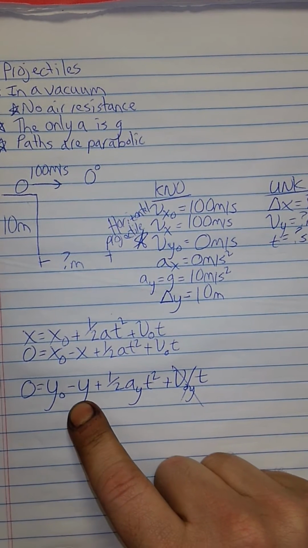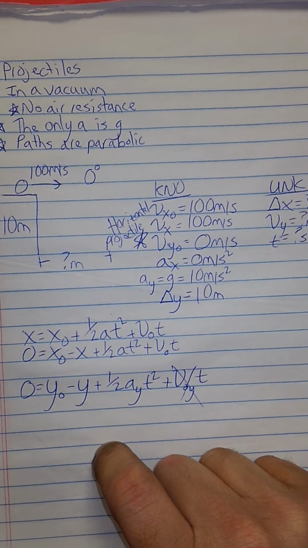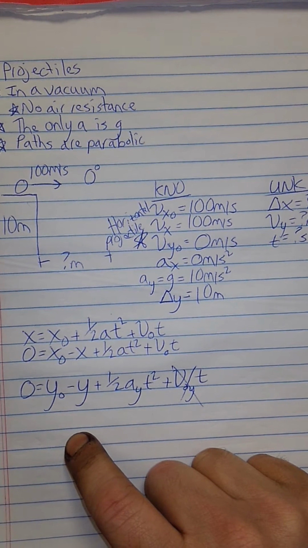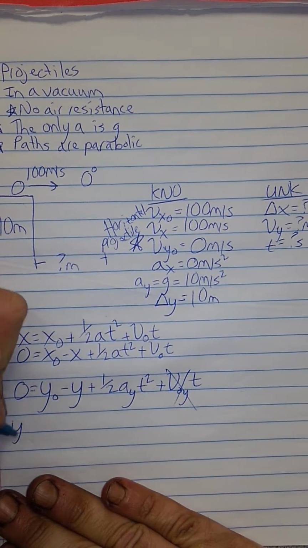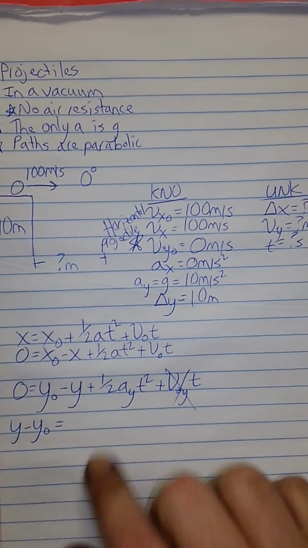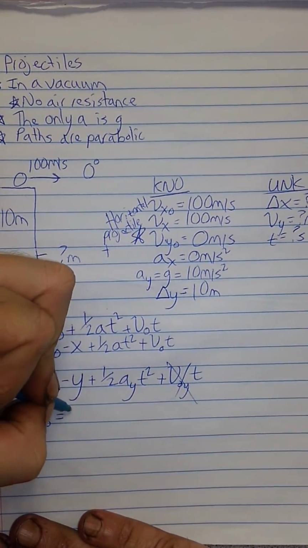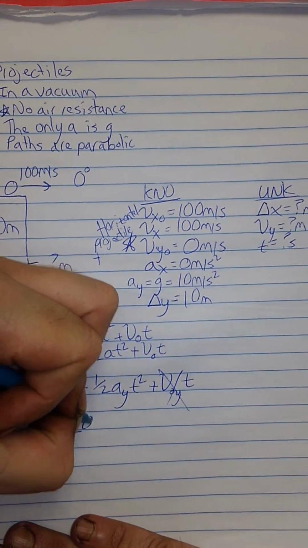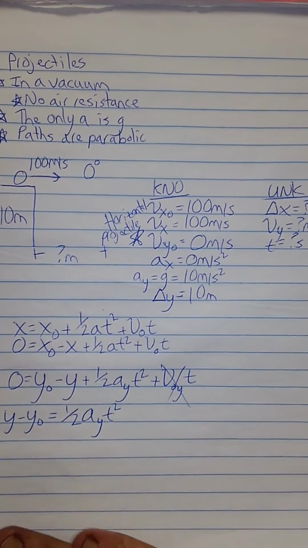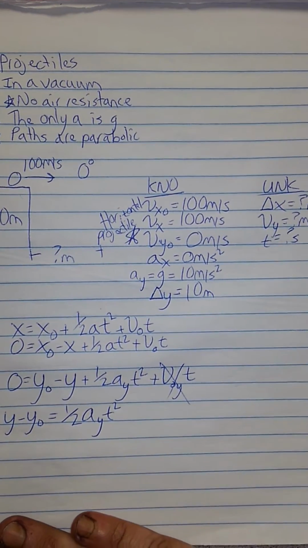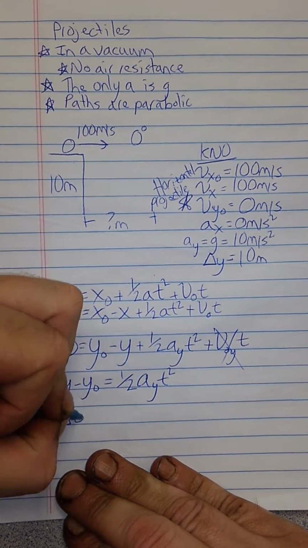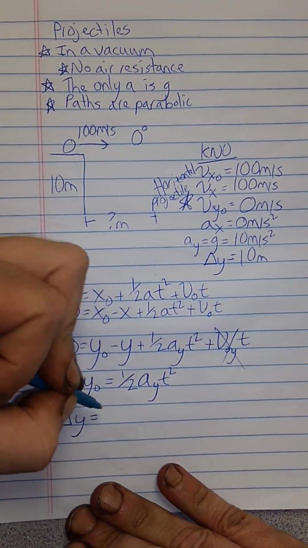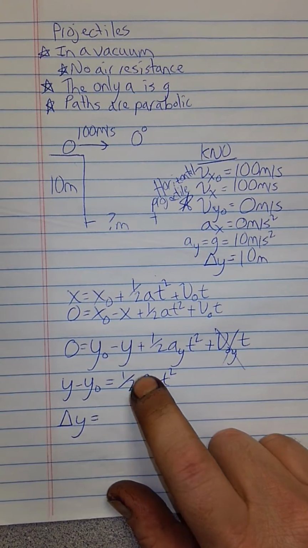The first thing I'm going to do is move these over to the left side. So here we go, I'm going to get y minus y naught equals 1/2 a_y times time squared. I just moved them both at the same time, no pun intended. Now, because this is y final minus y initial, I'm going to change that to delta y, and multiply both sides by 2.